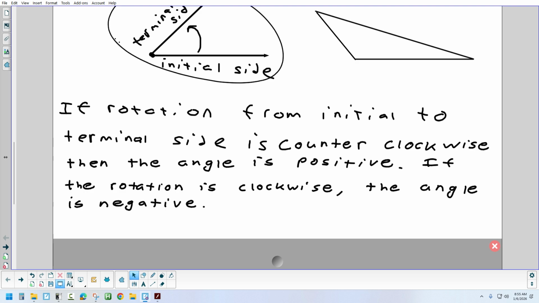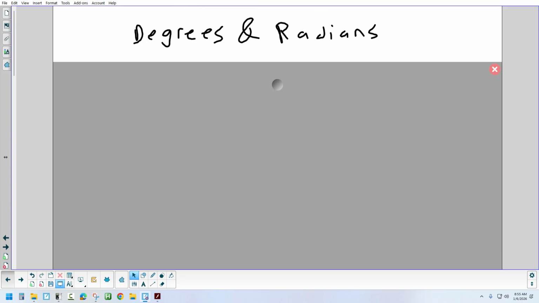Now, if we had a choice, what kind of angles do you think we would prefer to work with? Positive, yes. We definitely prefer to work with positive angles.